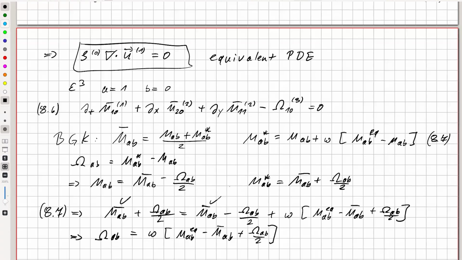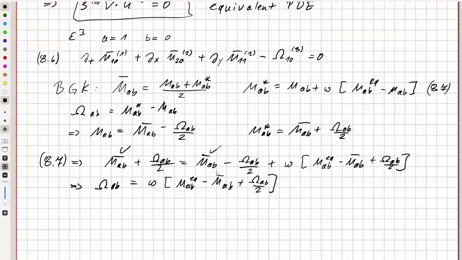So this is this implicit formulation, and this can now be reintroduced and made explicit: m_ab bar is m_ab equilibrium minus (1 over omega minus 1/2) omega_ab.